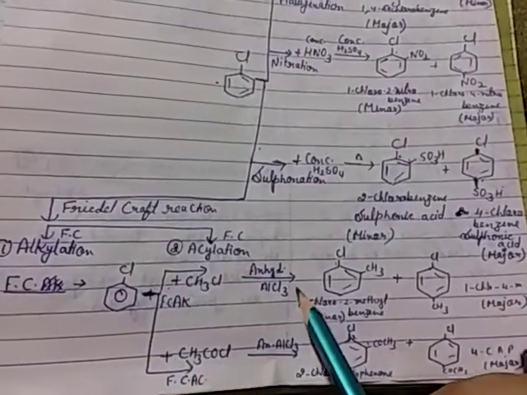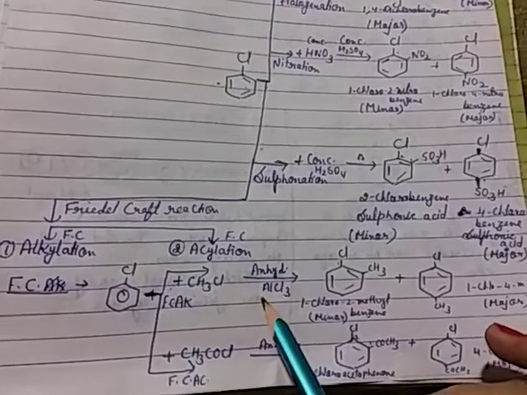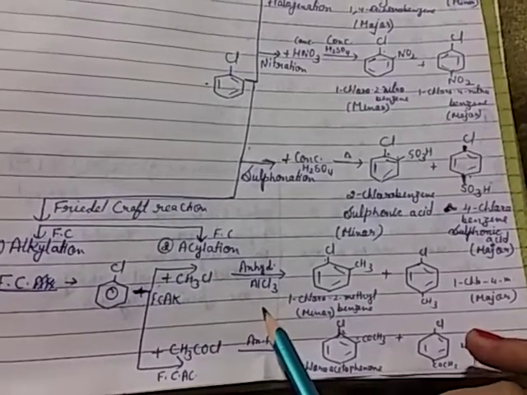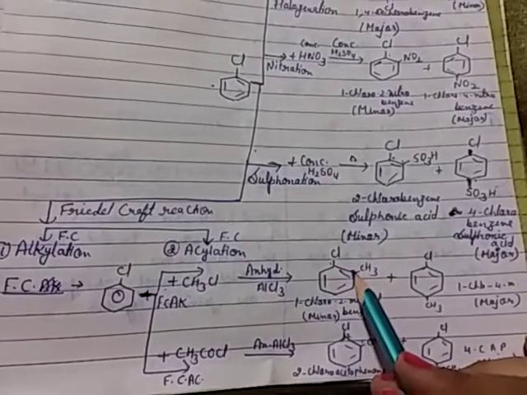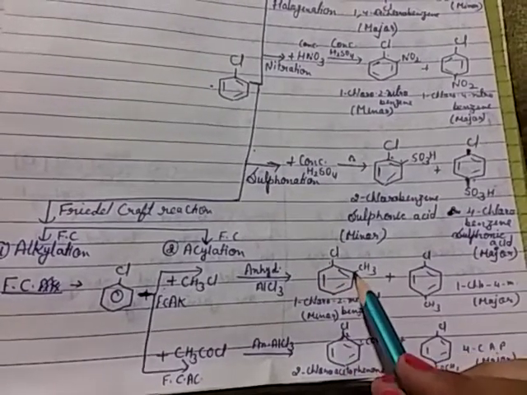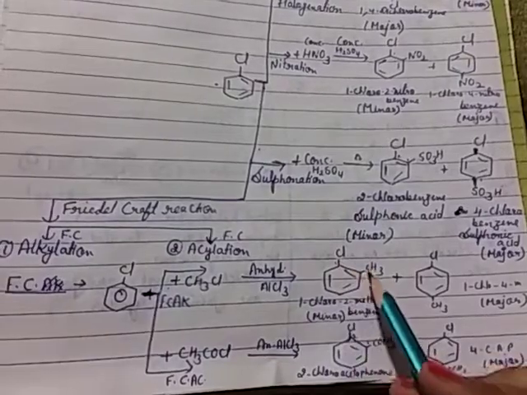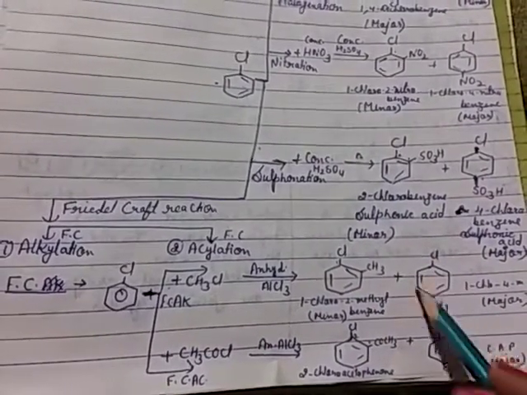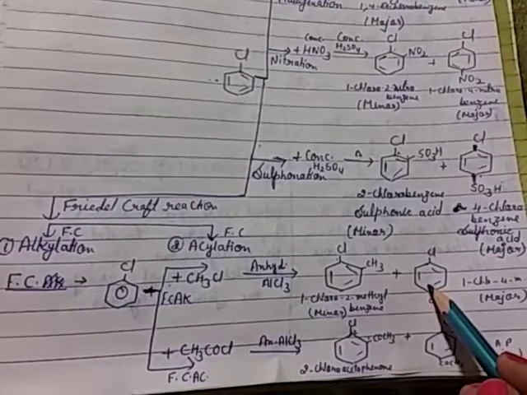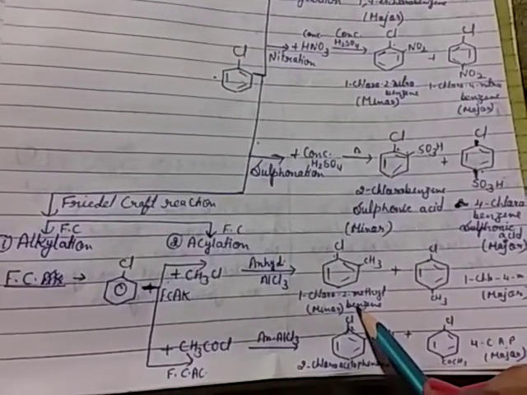But this reaction happens in the presence of anhydrous AlCl3. If CH3 attaches at ortho, its name is 1-chloro-2-methylbenzene, 1-chloro-4-methylbenzene, but the para position compound is major and the other is minor.